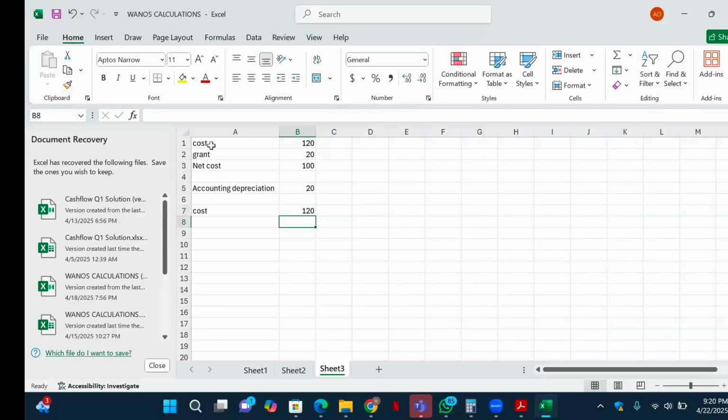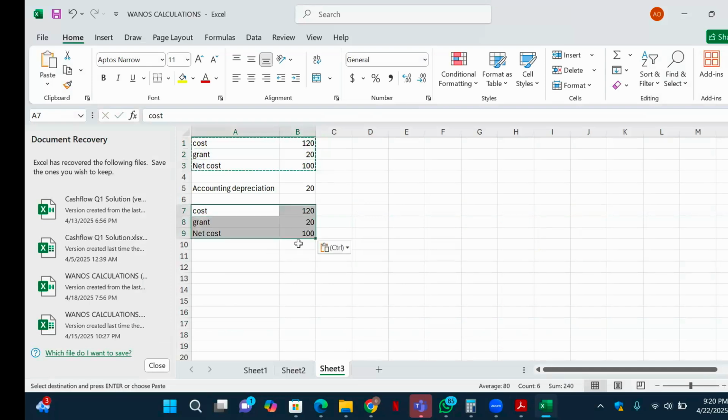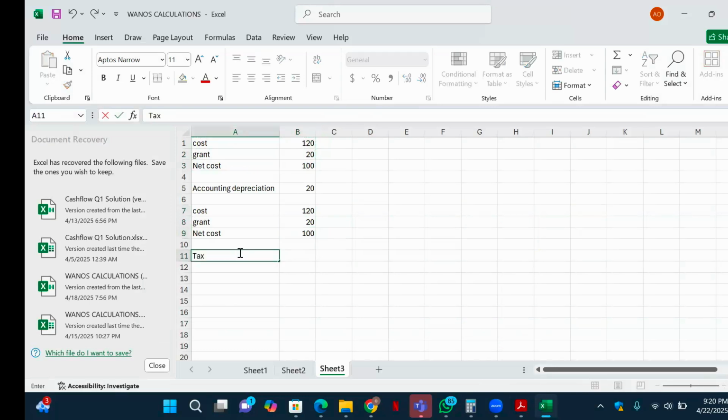We will do the same thing you have done here. We will also say net cost is 100 million. The only difference is that tax depreciation will be 25%. So this will be 25% multiplied by this 100. And then we have 25 here.